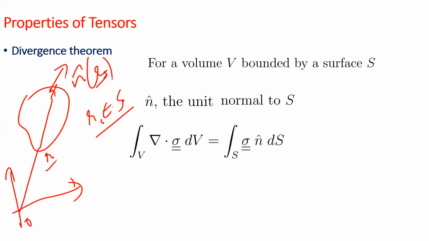And the divergence theorem is this. Can it be proved? It can be easily proved. You may want to start with indicial notation and prove it. In fact, one particular problem in the homework does cover the proof of it.